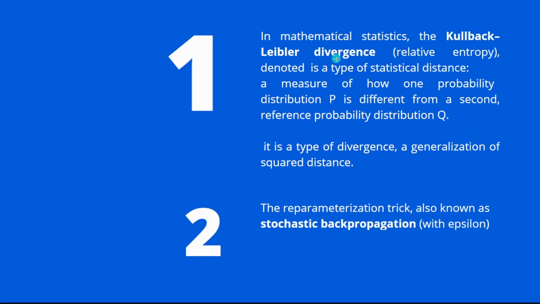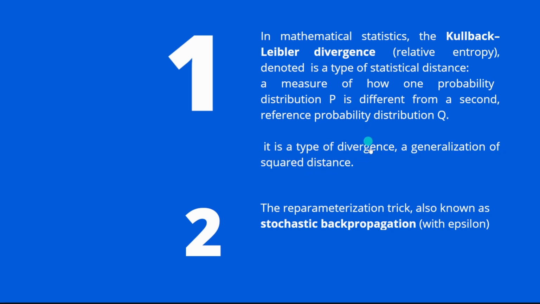We have two additional points. We have a divergence, or if you call it a relative entropy, a statistical distance. Now, what is it? A very simple explanation would be, it is just a measure of how one probability distribution P of our input data is different from a second reference probability distribution Q. So, and since we have two probability distributions, it's just not a distance, but it is a squared distance.